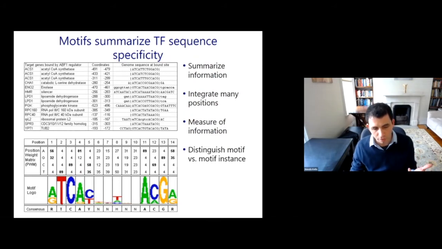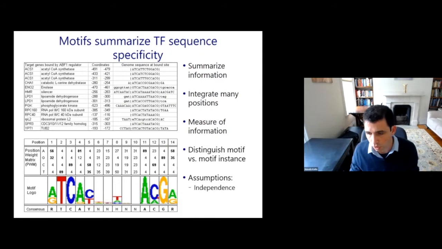So 2 bits of information means that you have 2 answers to yes/no questions. For example, is it an A or a G? Is it an AG or a CT? Yes, no. And then based on that, is it an A or a G, or is it a C or a T? So 2 questions gives you 2 bits of information, and that gives you 1 nucleotide, 1 out of 4 options. And then this is just 1 yes/no question because it only gives you 1 bit of information, so on and so forth. So that's where these motif logos come from.